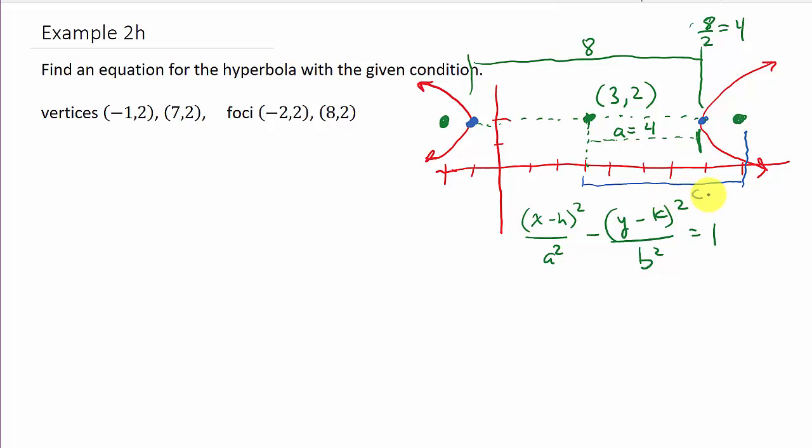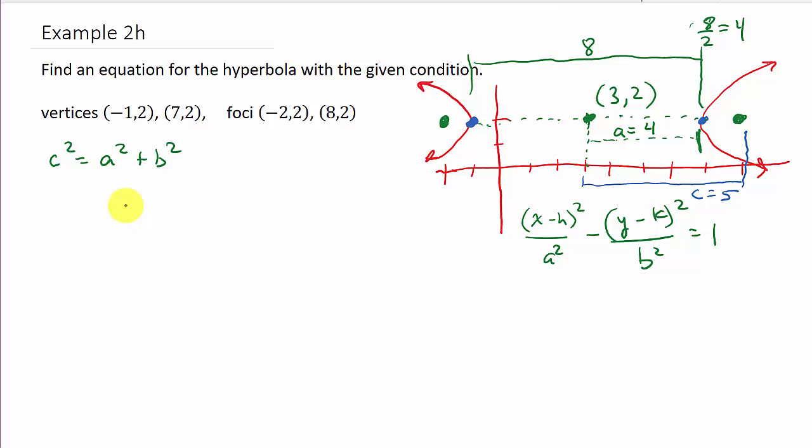So we've got c is equal to 5. All right, so we've got a, we've got c, but see, we need b. Well, we can do that easily, because we know that c squared is equal to a squared plus b squared. And so all we have to do is plug all of this in, okay, and we can solve for b.